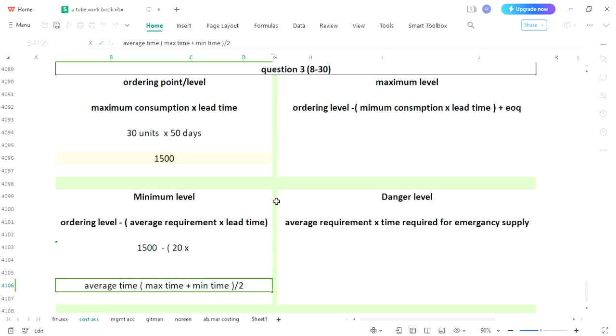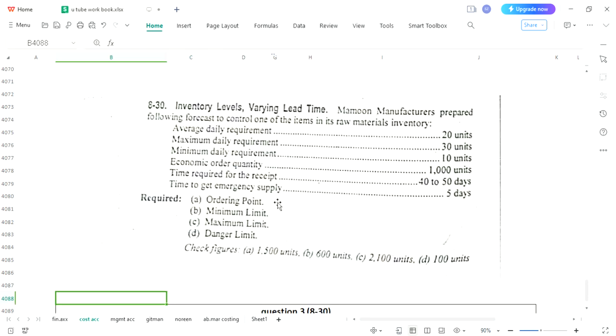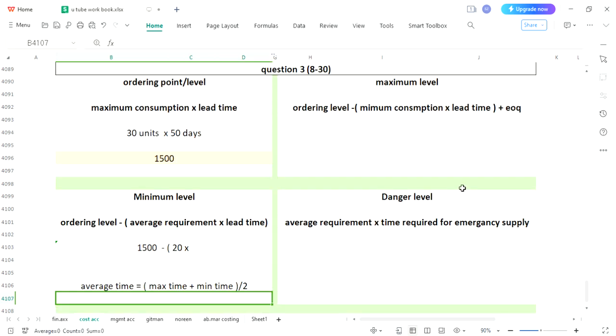Maximum time is given in your question, minimum time is given in your question, and let's see what that was. Here you can see 40 and 50, minimum and maximum. So here you can directly calculate.